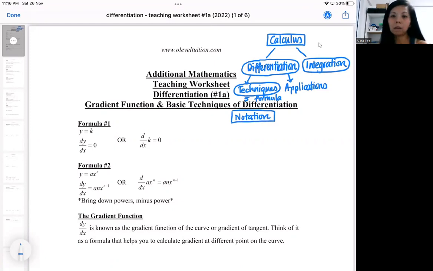The typical notation, we will be starting off with function of x. So y as a function of x. When y is a function of x, after you apply any of the formulas under the technique of differentiation, you will be getting something called dy dx.